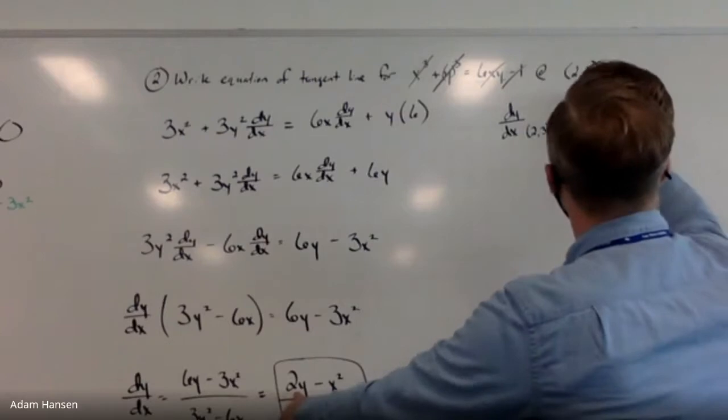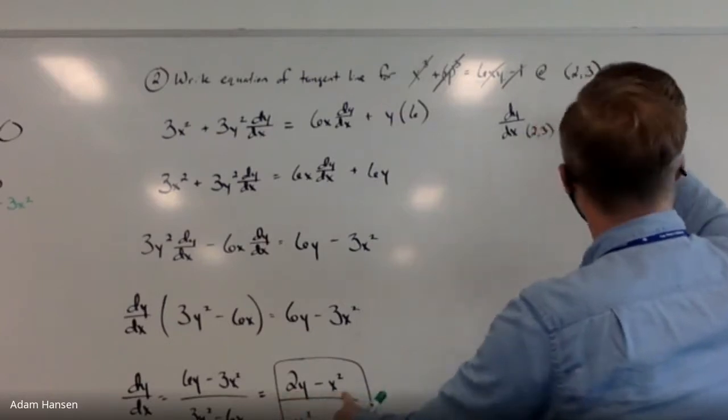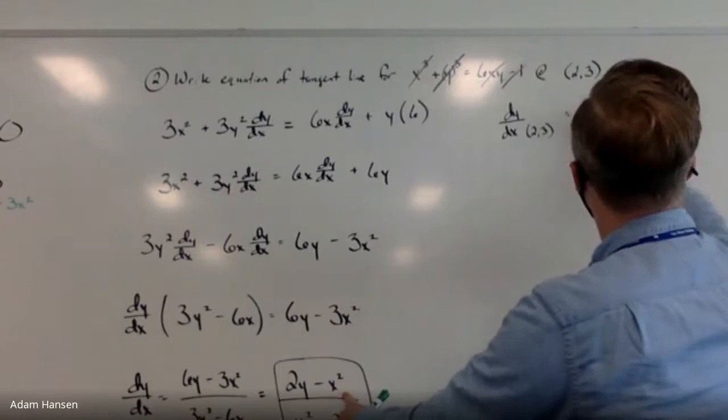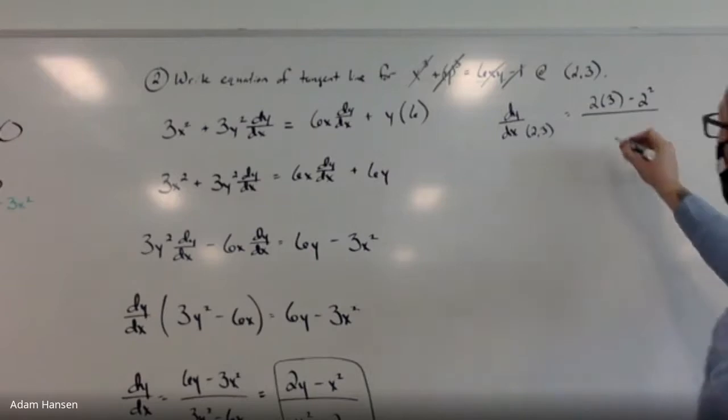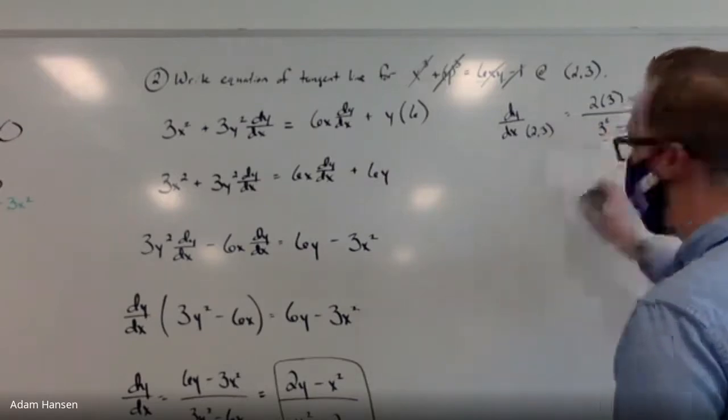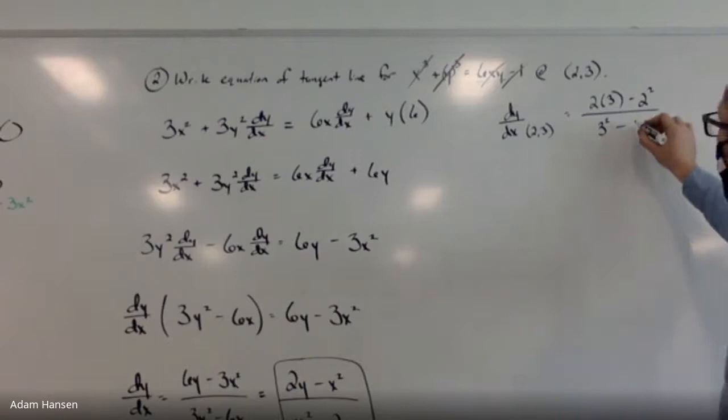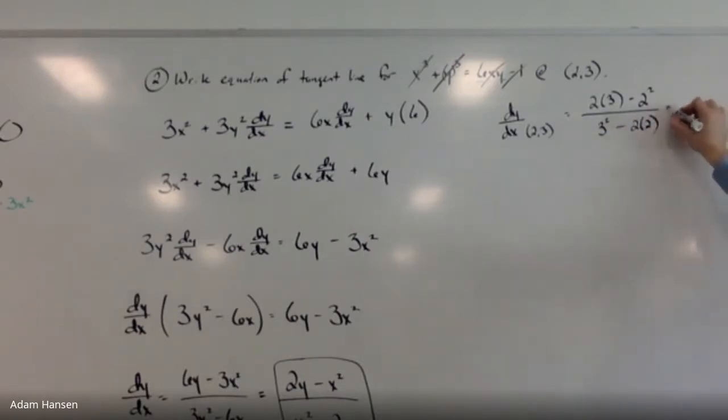So 2 times y is 2 times 3, minus x squared, minus 2 squared, divided by y squared, so that's 3 squared, minus 2x, so 2 times 2. That's 6 minus 4, which is 2 on top. 9 minus 4, which is 5 on bottom. The slope of the graph at 2, 3 is 2/5, according to what I got by plugging the coordinate into the derivative.